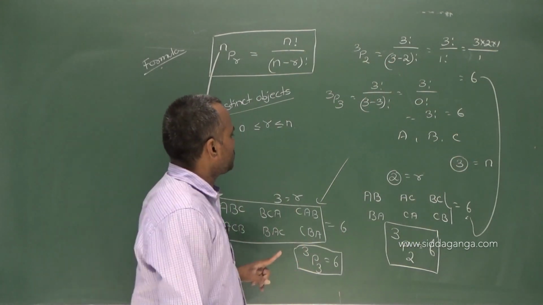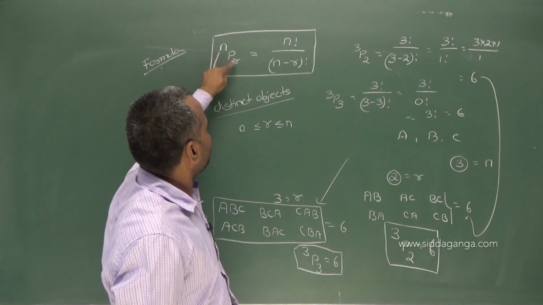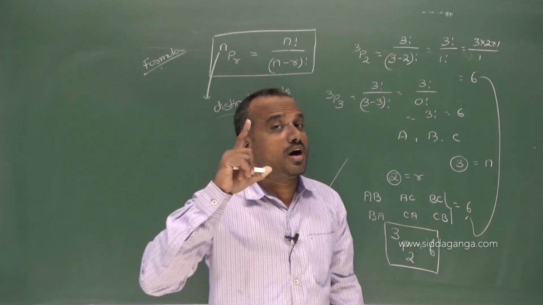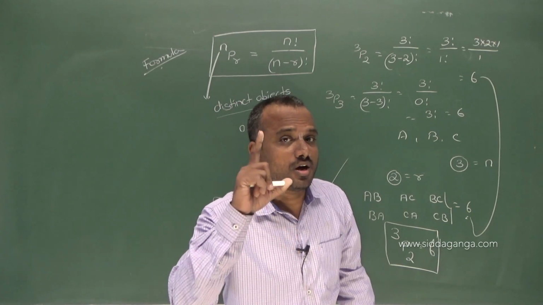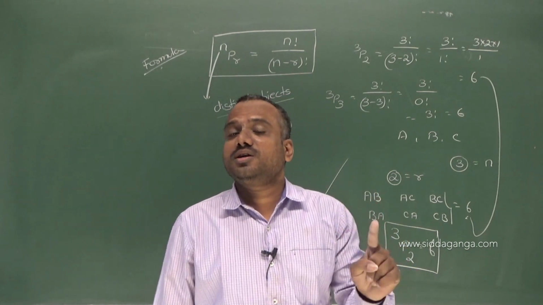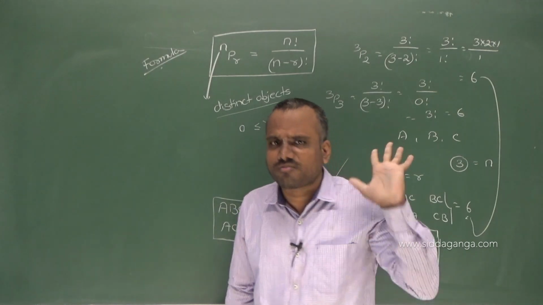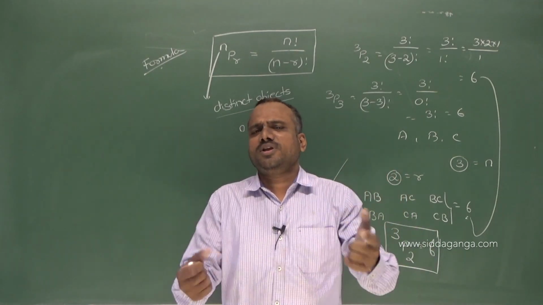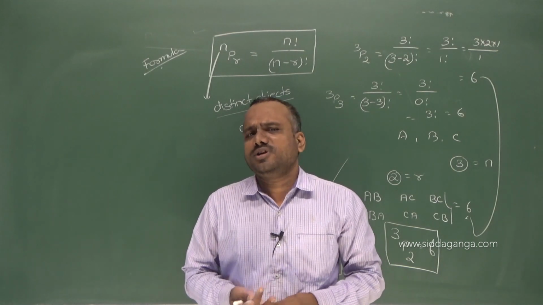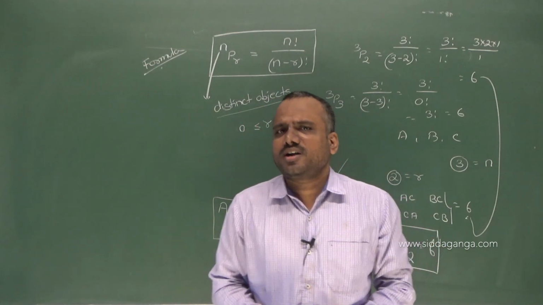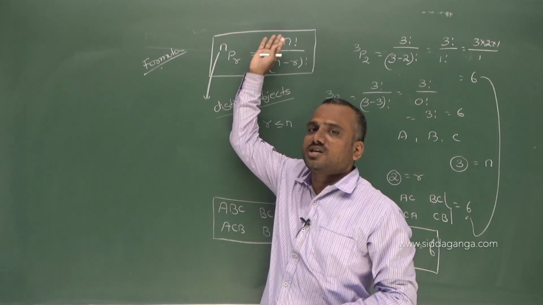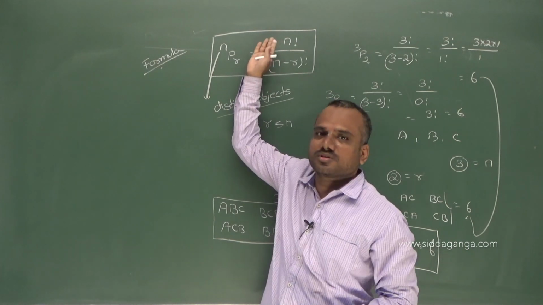For notation, n number of objects taken r at a time is denoted by nPr, and the very important condition is that r must be greater than or equal to 0, less than or equal to n. This is the only formula in permutation. If anybody asks for nPr, n number of distinct objects taken r at a time, it is given by n factorial divided by (n minus r) factorial.